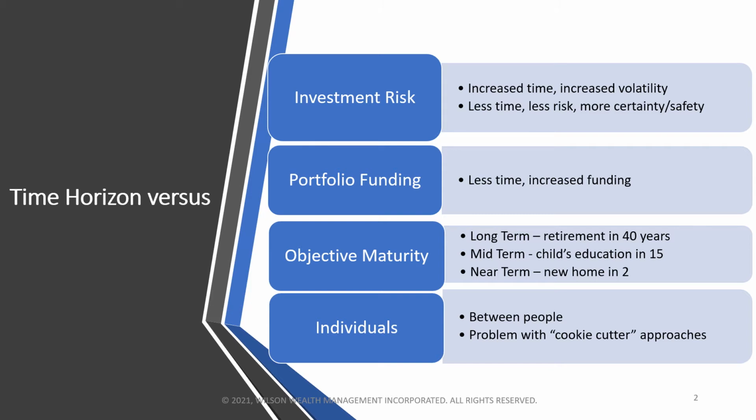So the longer the time period, the more you'll get that regression over time to the average. But in any given year, you have that volatility risk. So the shorter the time period, if you want to reach a near-term goal, then you want to reduce risk so you've got that certainty, that safety.